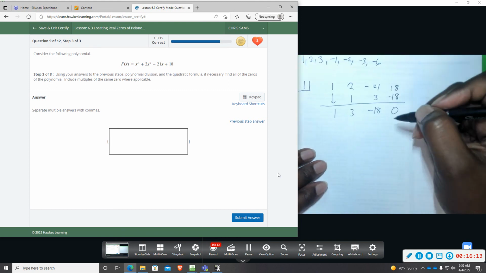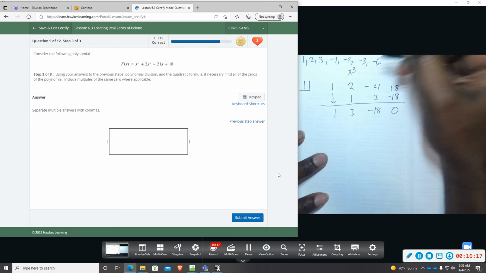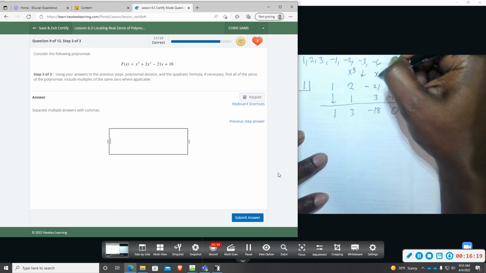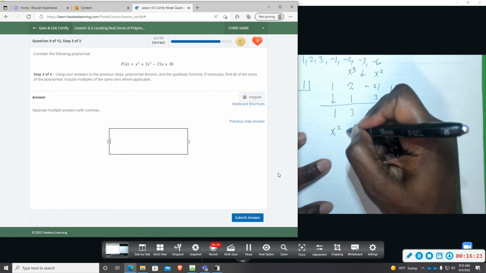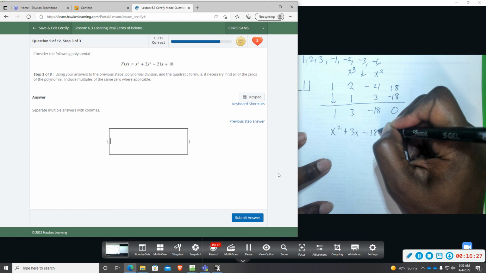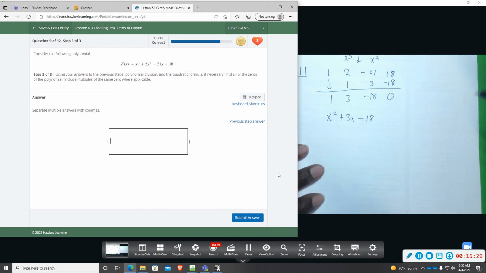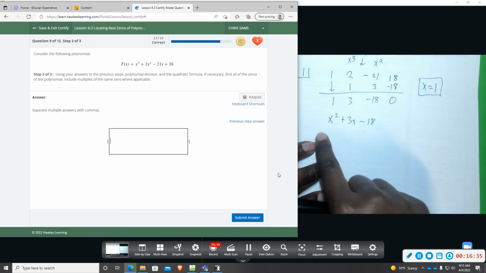All right, perfect. So we had an x cubed, and then we drop down by 1, so we start with x squared. So this is 1x squared plus 3x minus 18. All right. So we got x equals 1. That's one of my zeros. Now let's see if we can factor this.